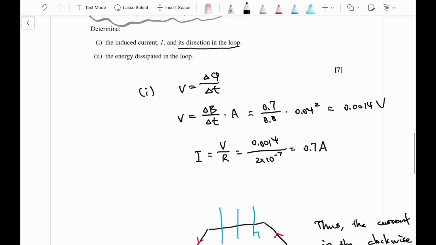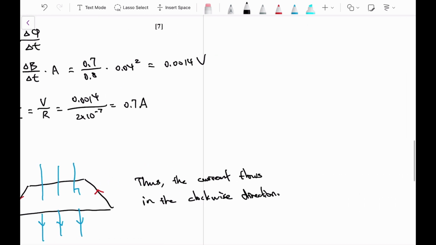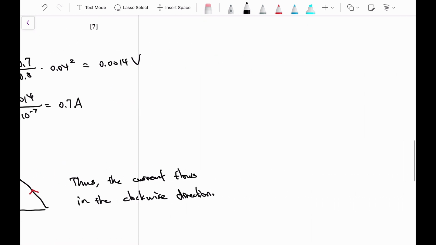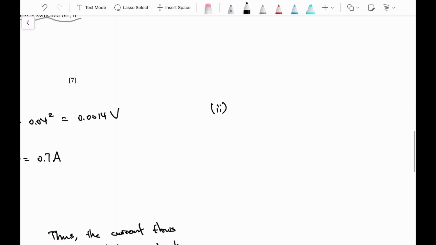The second part of the question asks for the energy dissipated in the loop. Okay, so let's see. How do we calculate energy?